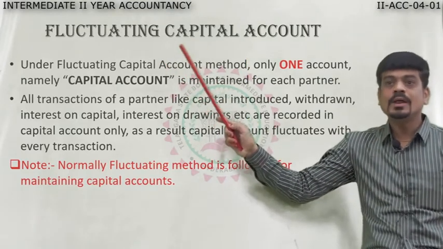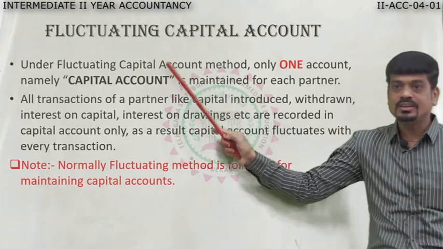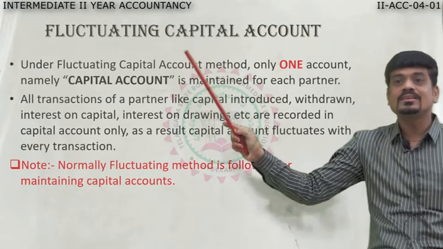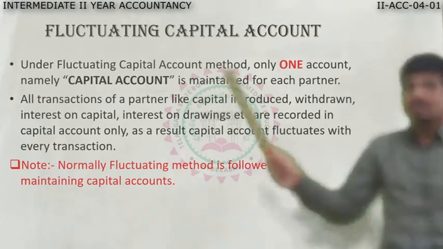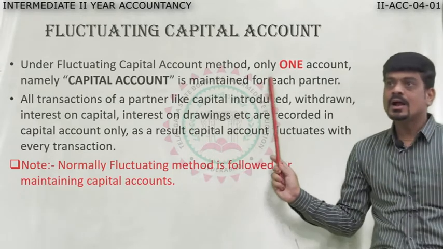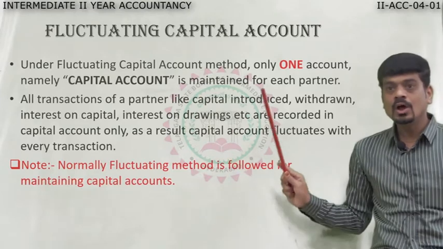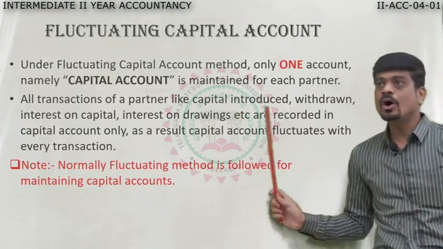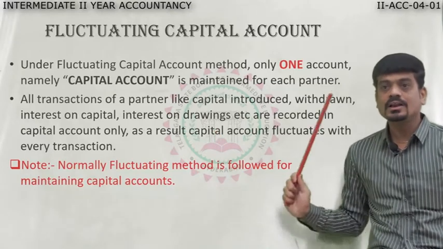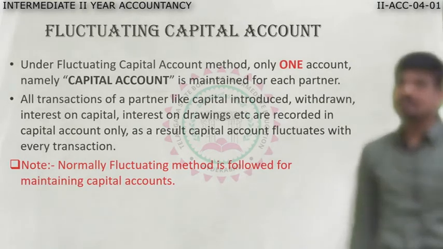Fluctuating means one which changes, due to either increase or decrease. So how is this affected? When one capital account is maintained, and along with the capital introduced, all other transactions are recorded in it, then we call it the fluctuating method of capital.